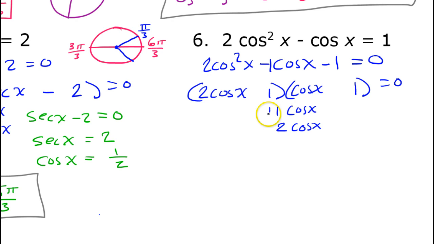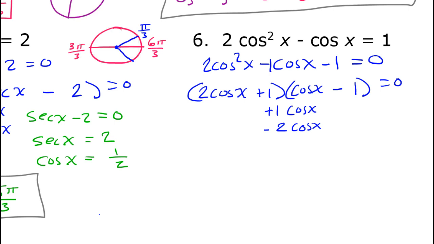So let's see, if I have a positive 1 and a negative 2, that will make negative 1 cosine x. So that means this is a positive 1 and this will be a negative 1. Okay, check one more thing. Does positive 1 times negative 1 equal negative 1? Yes. So we have factored correctly.